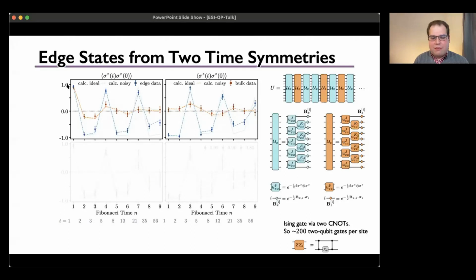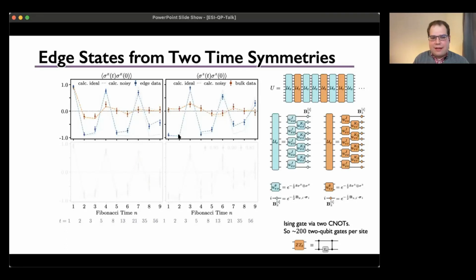The reason I plotted in Fibonacci time is that the quasi-periodic pattern becomes a very simple three-stage recurrence in logarithmic time. And what you can see here is an XX correlator, with the blue being the XX correlator on the boundary, and the orange being the XX correlator in time averaged over different bulk states.